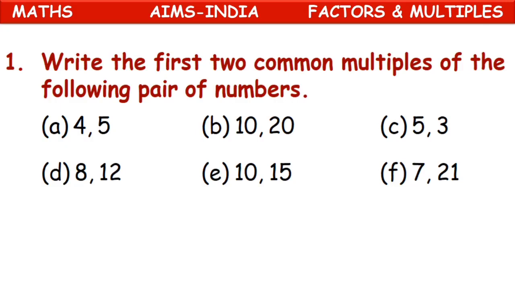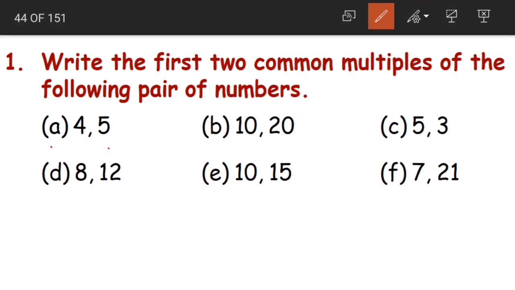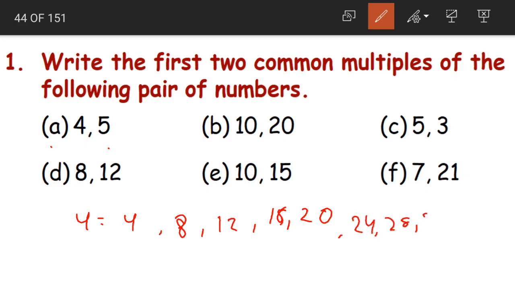Write the first two common multiples of the given pairs of numbers. First, 4 and 5. We have 4 1s are 4, 4 2s are 8, 4 3s are 12, 4 4s are 16, 4 5s are 20, 4 6s are 24, 4 7s are 28, 4 8s are 32, 4 9s are 36 and 4 10s are 40.